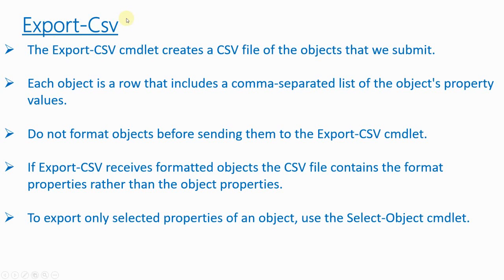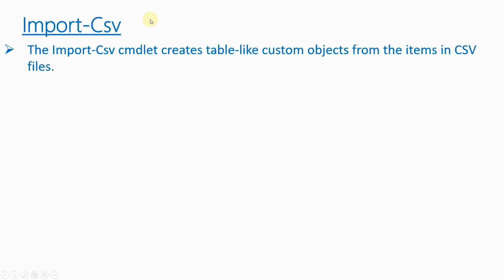Now we will move to another slide where we will discuss the reverse of this commandlet, called Import-CSV. We have seen how we can export any object to a CSV file using the Export-CSV commandlet.